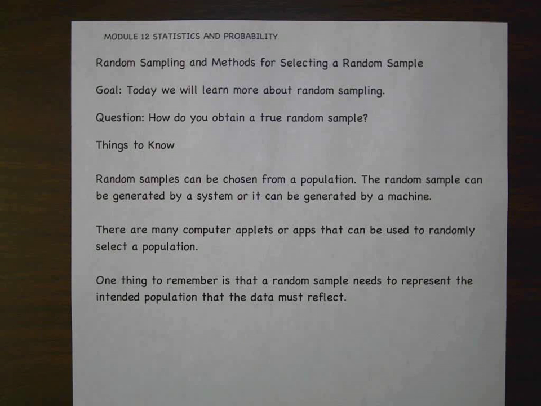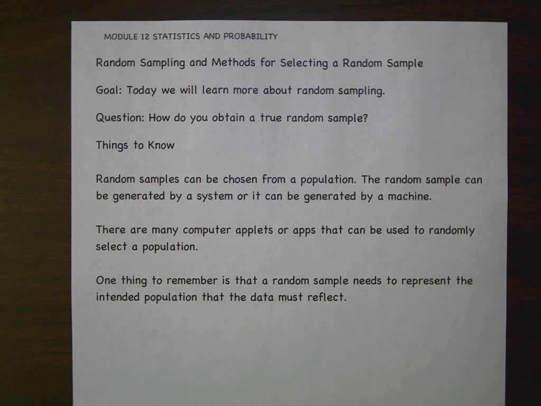And bias means that you have a stipulation that keeps you from including all of the types that you need included for it to be a true assessment. So for example, if I was trying to figure out what everyone in Sanawa's favorite movie was, but I only asked the girls, then the boys would be upset because more often than not, girls don't like the exact same movies as boys.